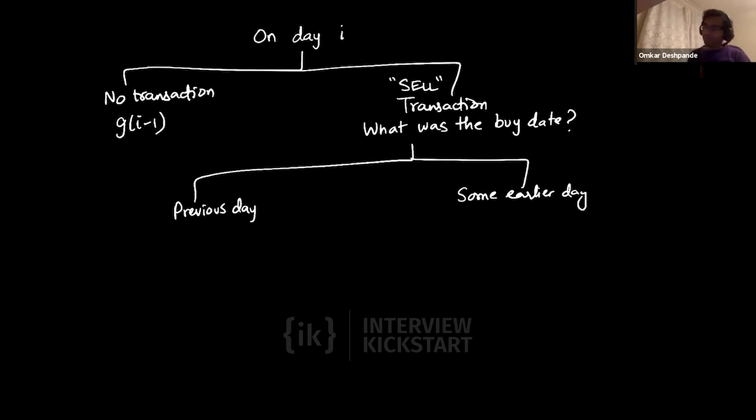If it happened on the previous day, that final transaction would have been a buy on day I minus 1, sell on day I. So the profit from the last transaction would have been the delta in the price.